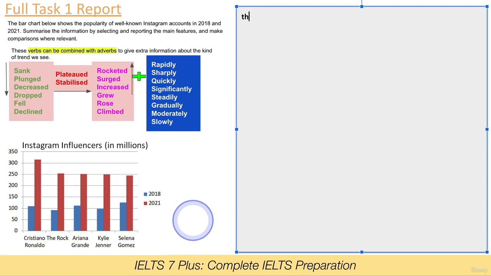Okay, the bar chart, difficult to paraphrase, so we're going to keep that the same.